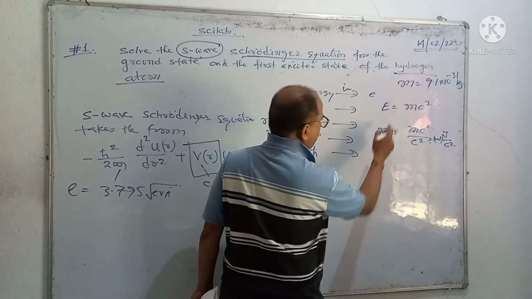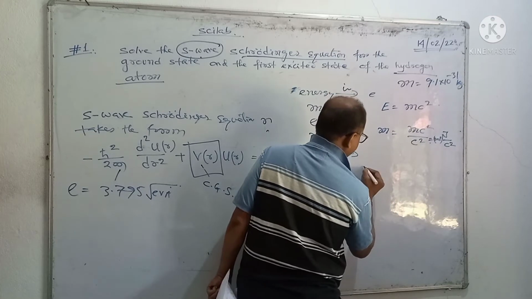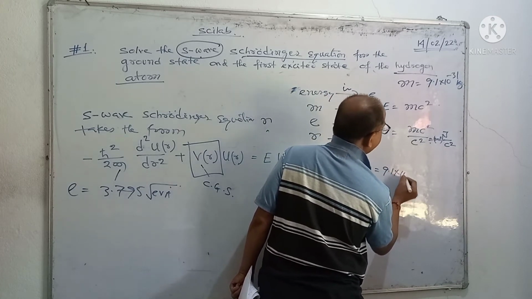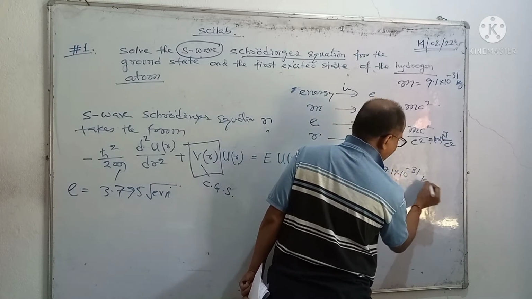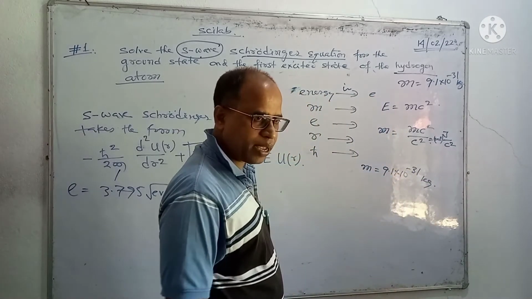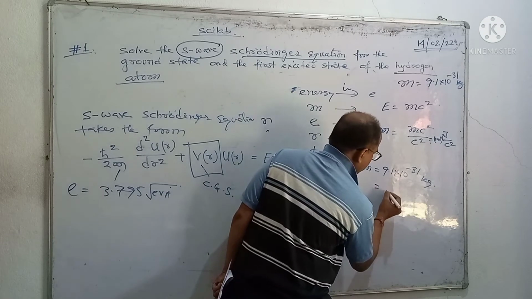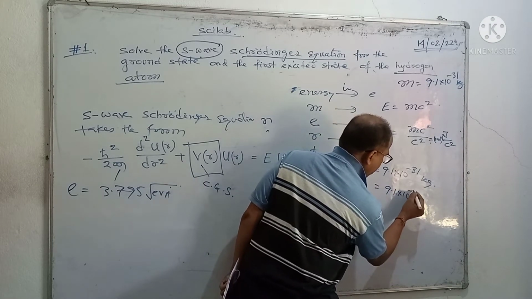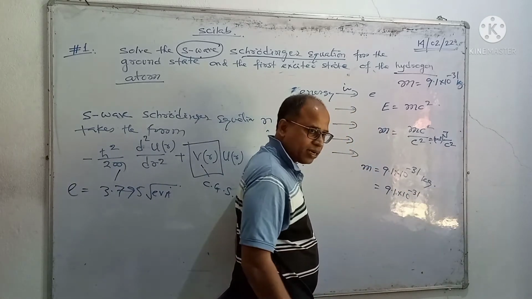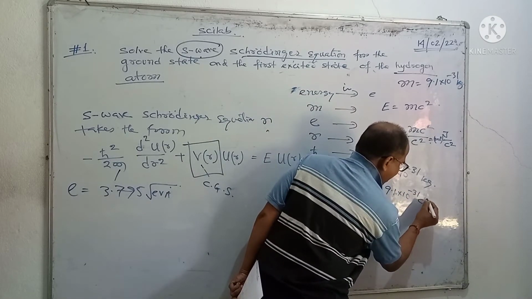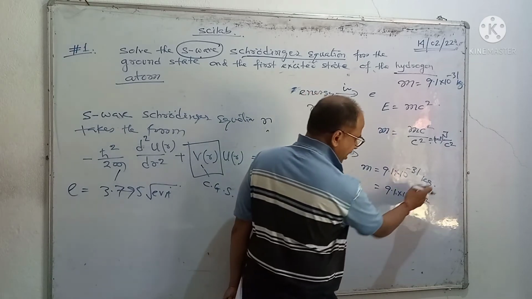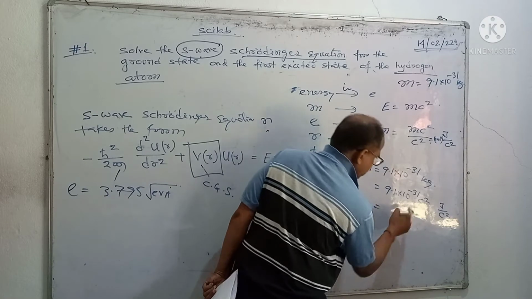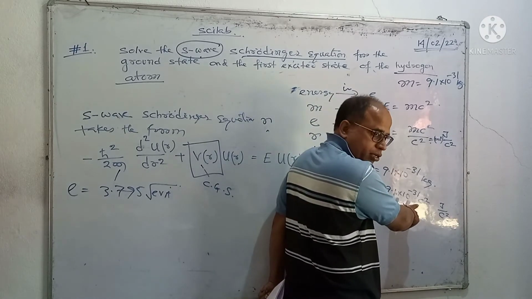Remember this. Now come to this mass. Electron mass is 9.1 into 10 to the power minus 31 kg. This is equal to 9.1 into 10 to the power minus 31 c square. Therefore kg into c square is in joule by c square. Here c is equal to 3 into 10 to the power 8.